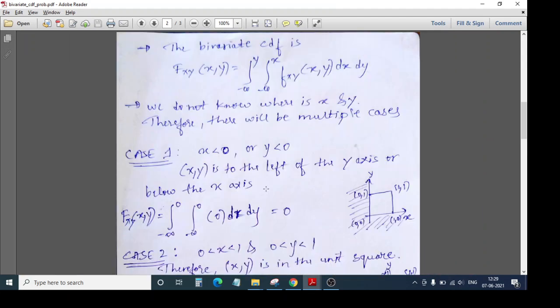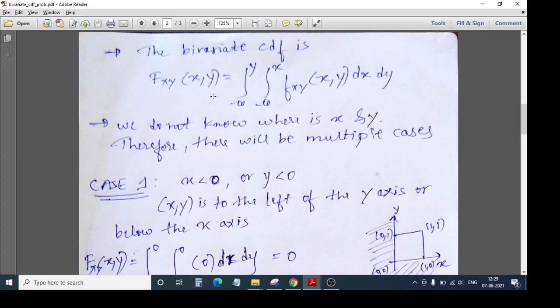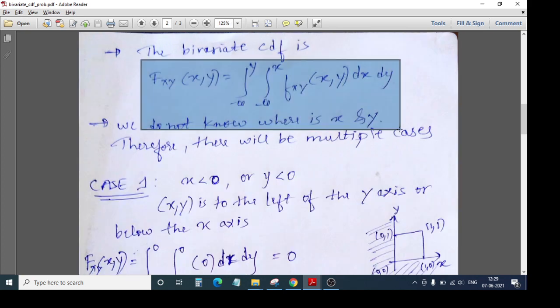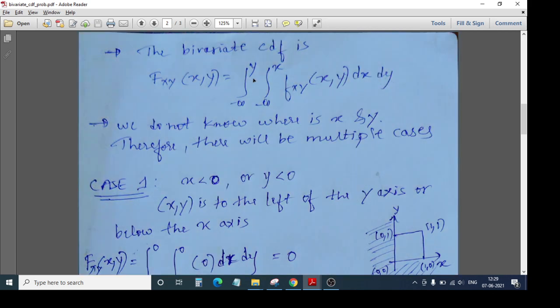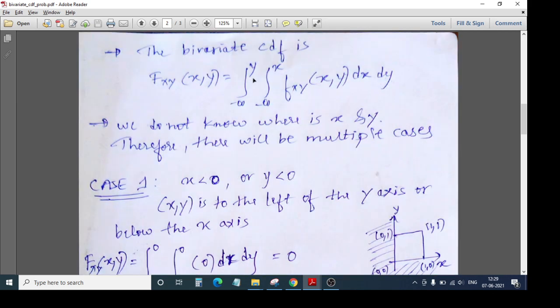Based on this, the bivariate CDF is given by the formula we studied in the previous videos. It is the double integral of f_XY(x, y) dx dy, from minus infinity to x and minus infinity to y. We will be using this formula to solve this problem.